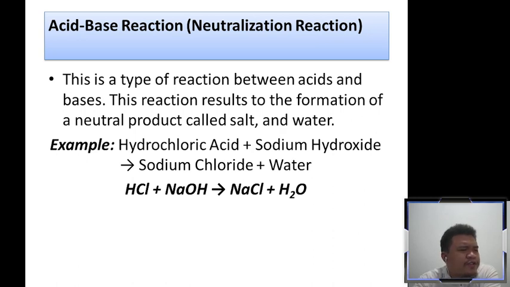Now, the first thing that you may ask is, sir, how do we know if it's an acid or a base? Usually, an acid always contains a hydrogen ion written first in the chemical formula, like in this case, HCl. That's an acid.